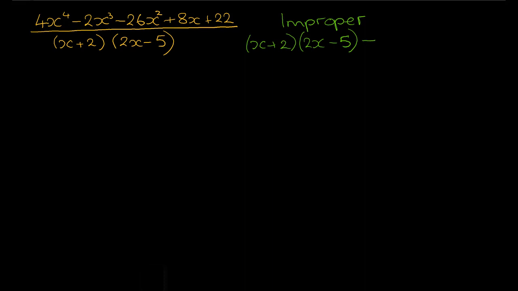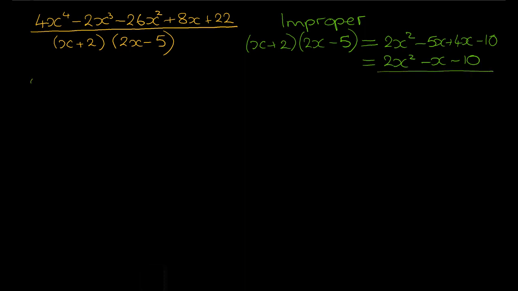So let's multiply these out. So we're going to get 2x squared minus 5x plus 4x minus 10, and tidy that up. We're going to get 2x squared minus x minus 10. So as I said, we're going to need to do algebraic division first. So we're going to divide by this.